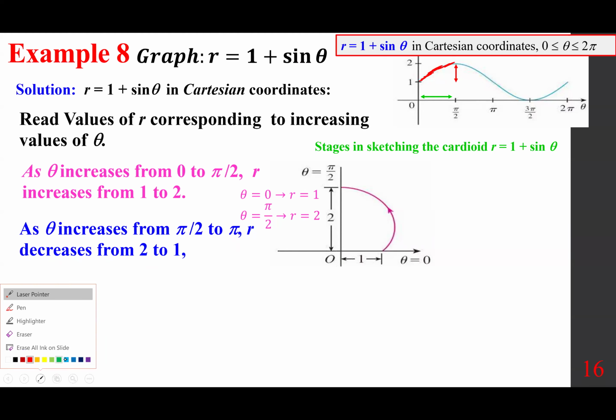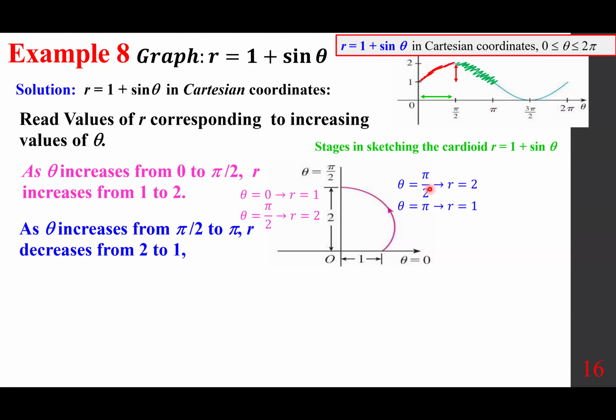We are talking about this portion of the graph. As we move from pi over 2 to pi, it goes from the largest value 2 to the smallest value 1.